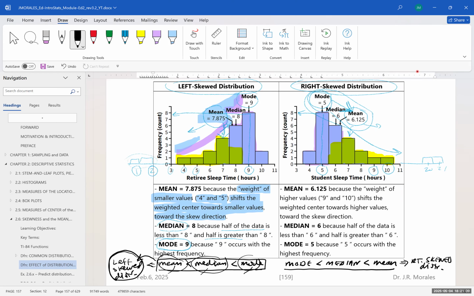The mean should be your smallest number, the median should be your next smallest number, and the mode should be the largest number that you calculate. So it can be a method of double checking your work, is comparing your calculations of the measure of center with the shape of the distribution.